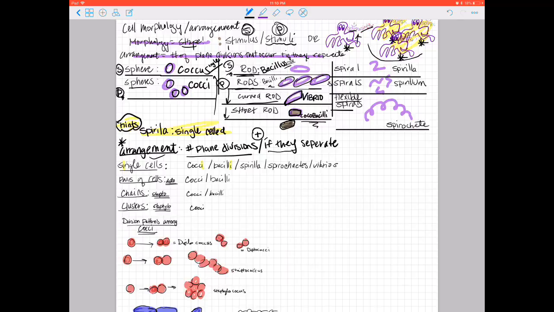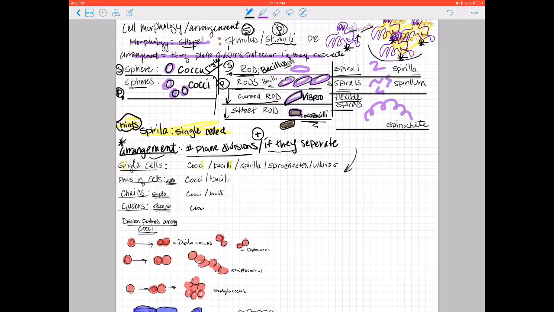And they're all seen in pictures. And we'll get to the arrangement down here. Okay, so now let's talk about a spiral. If you see a spiral, then you have more than one spiral. You have spirilla, which is the single form, but you have spirals, many spirals.